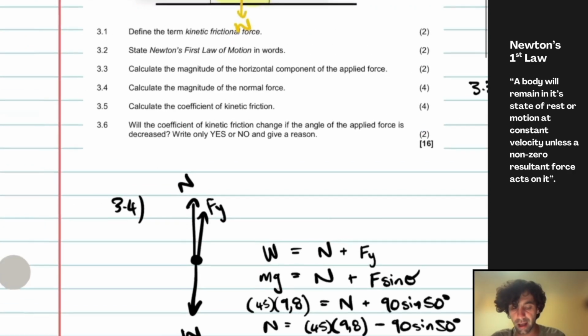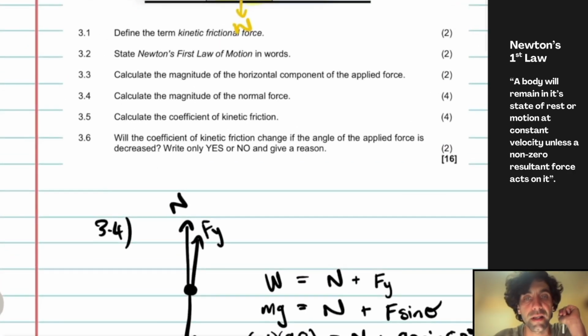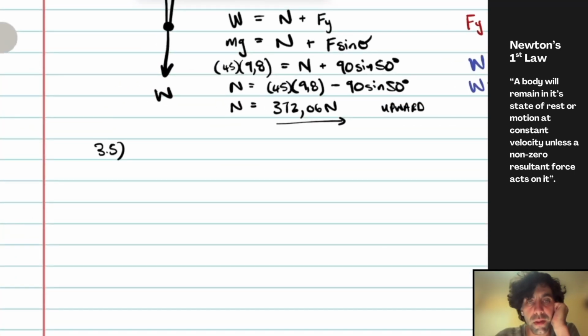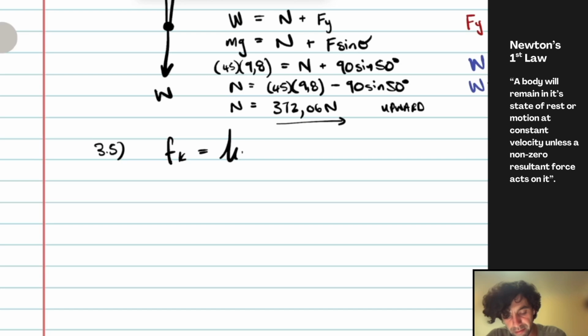Okay, question 3.5 asks us to calculate the coefficient of kinetic friction. Now, the coefficient of kinetic friction is basically a value that we can relate the kinetic frictional force to the normal force. It is the ratio between two forces.